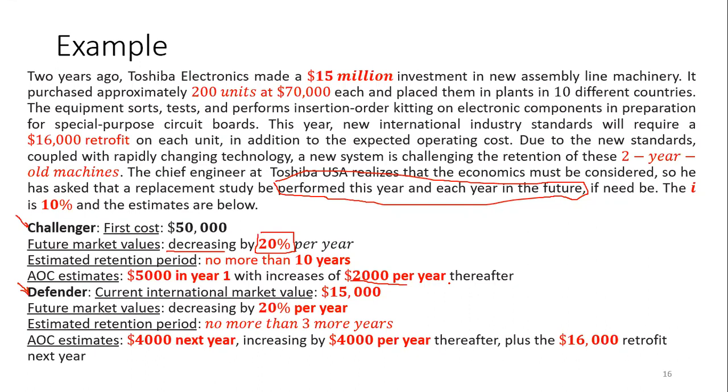The estimated retention period is not more than 3 years. The annual operating cost is 4,000 next year, increasing by 4,000 per year thereafter, plus a 16,000 retrofit next year.